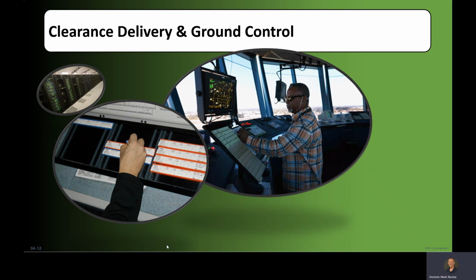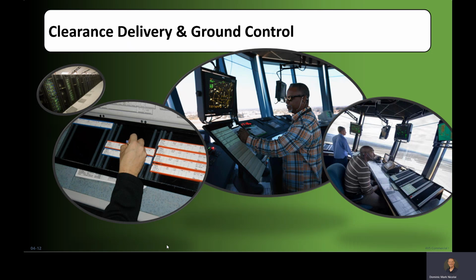They're handing that strip off to the next person that's going to control you, local control, in other words, the tower controller. And again, that strip is going to sit in the bin until you call up that you're ready for departure.